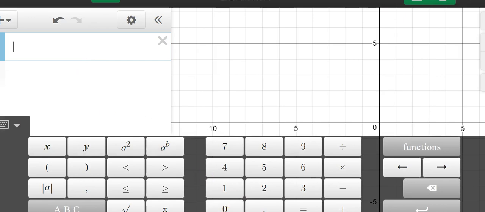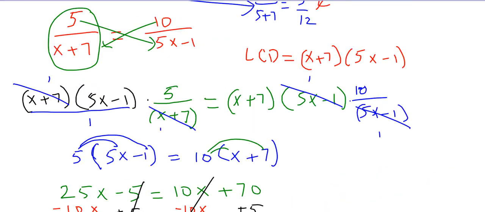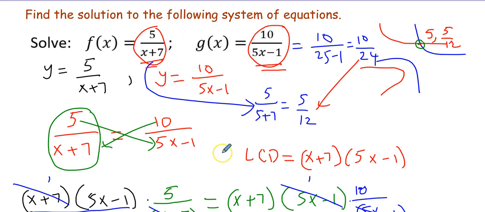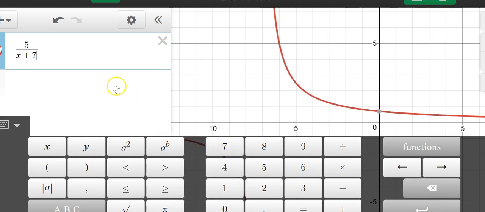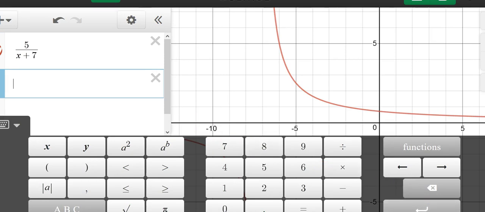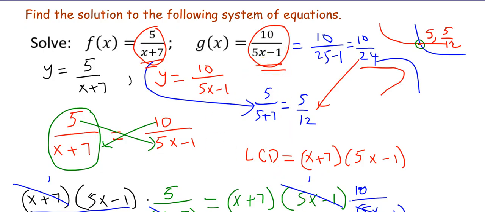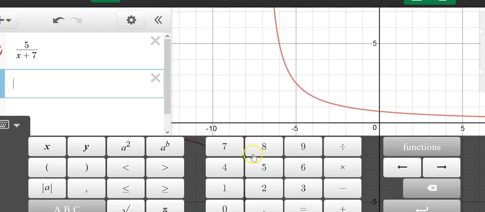So the first one, what is my first function? 5 over x plus 7, 5 divided by x plus 7, that's 1, and the second function is 10 over 5x minus 1, 10 divided by 5x minus 1.